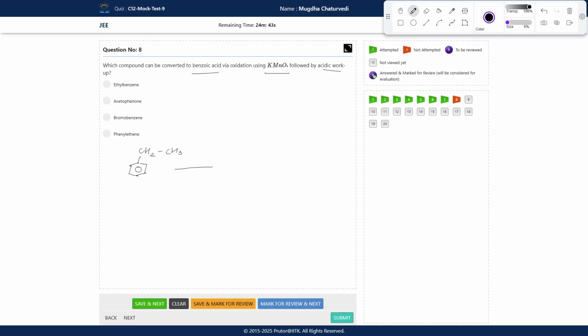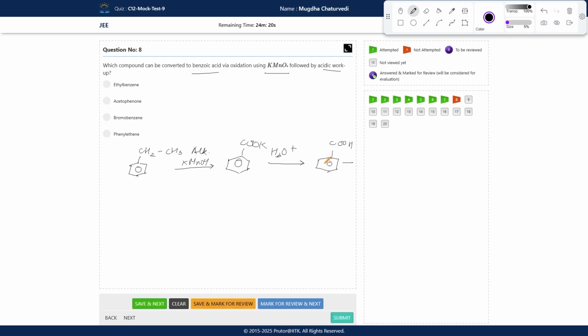When ethyl benzene is treated with alkaline KMnO4, it first forms potassium benzoate, that is, this COOK group is attached, and further when you do the acidic workup, you get benzoic acid.